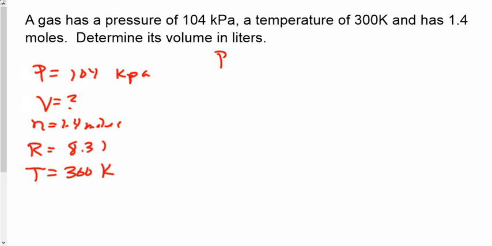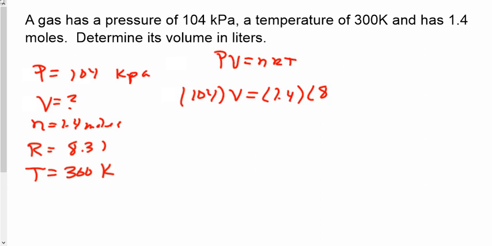So again, my equation, PV equals nRT. Pressure is going to be 104. Volume is my question mark, so I'll just leave the letter V, equals 1.4 times 8.31 times 300.